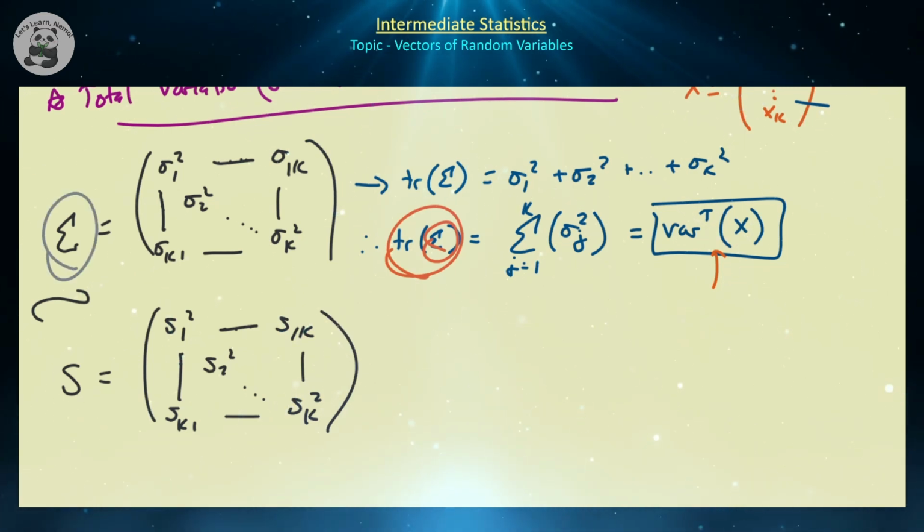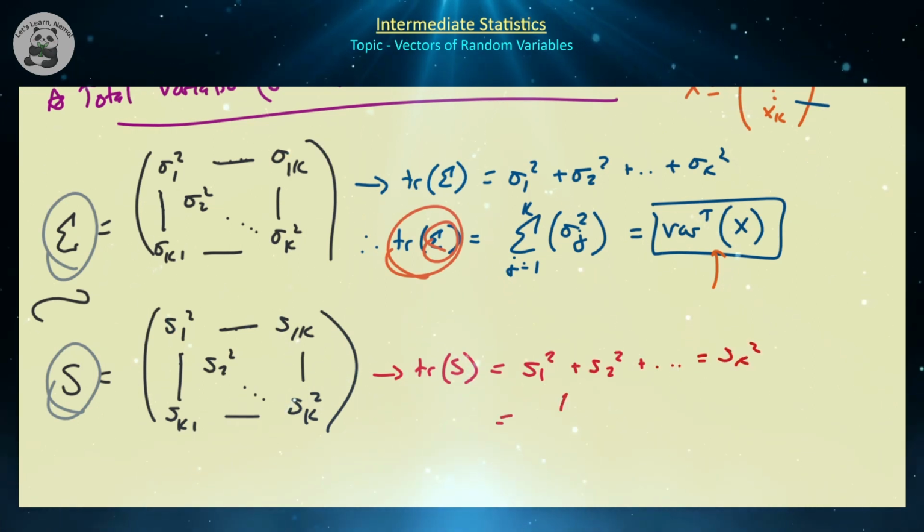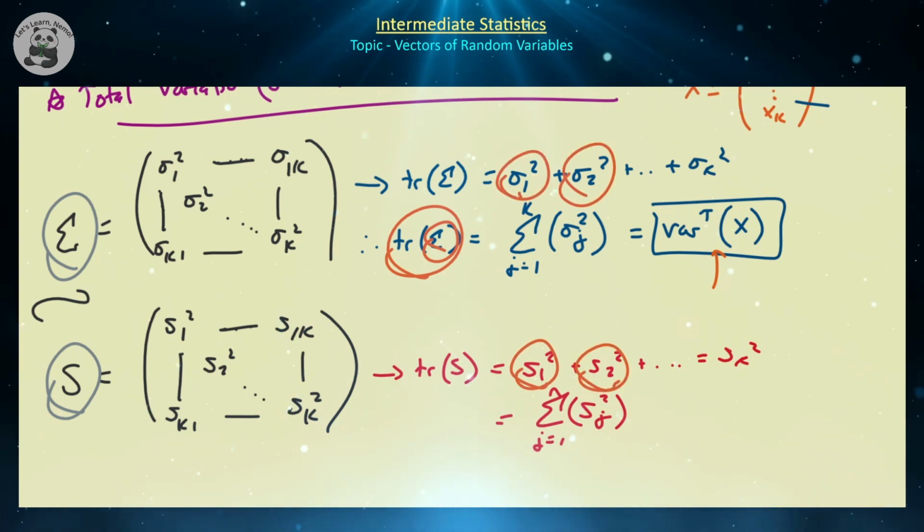So again, unlike the parameter matrix, this is a random matrix, because it depends on the samples. And from here, we can clearly see that the trace of S is going to be equal to S1 squared plus S2 squared all the way down to SK squared, which is just the sum from j equals 1 to k of Sj squared. And we already know that S1 squared is an unbiased estimator for sigma 1 squared, S2 squared is an unbiased estimator for sigma 2 squared, and Sk squared is an unbiased estimator for sigma k squared.